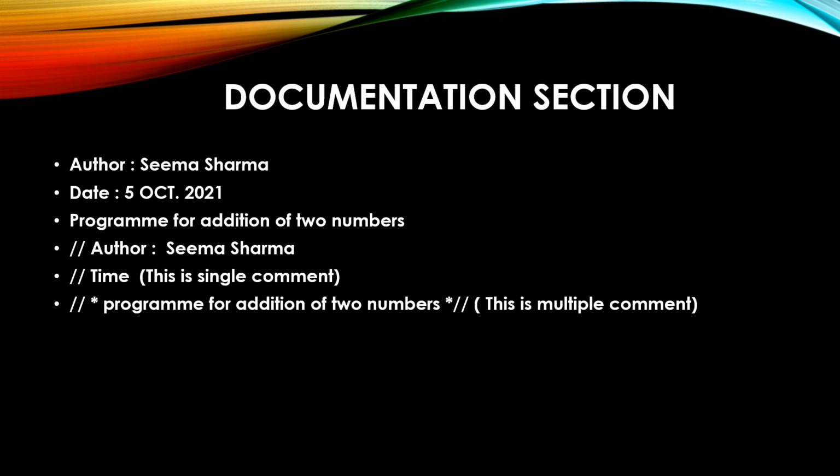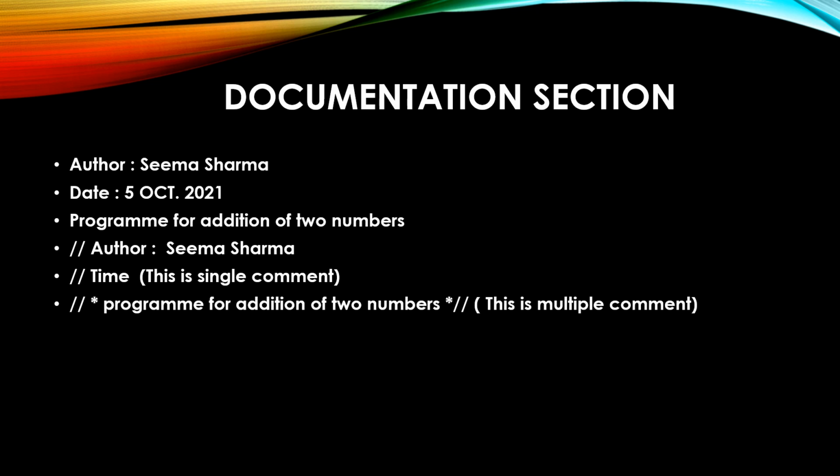And if you want the compiler to ignore multiple lines, then we use, as you can see in the last line, a forward slash and an asterisk, then the text, program for addition of two numbers, and then an asterisk and a closing forward slash.